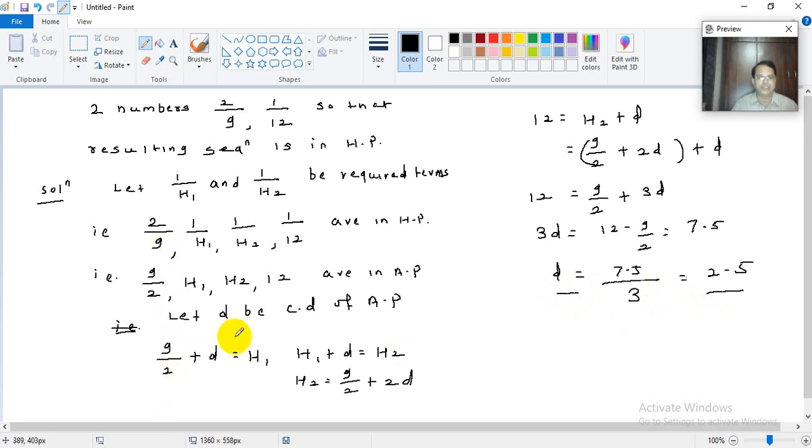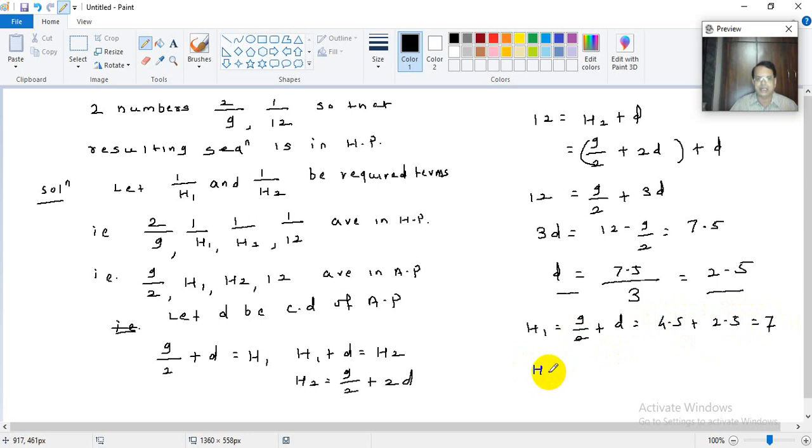Once we have d, we can find the terms. What have we written? 9 by 2 plus d is h1. So h1 is 4.5 plus 2.5, since the value of d is 2.5, so this is 7.